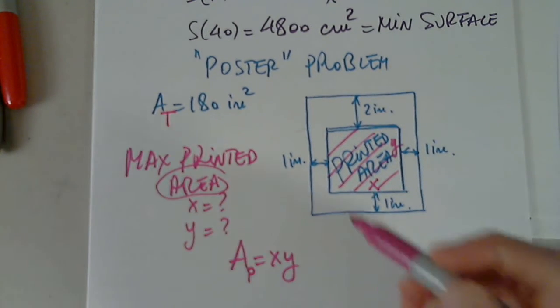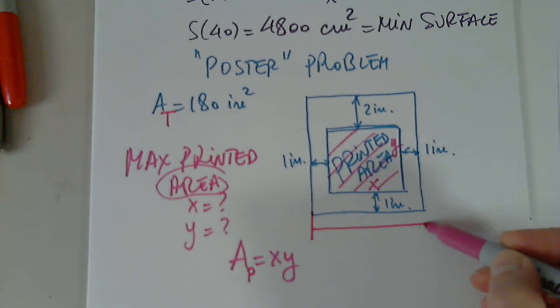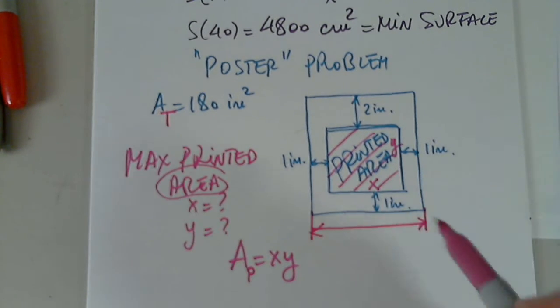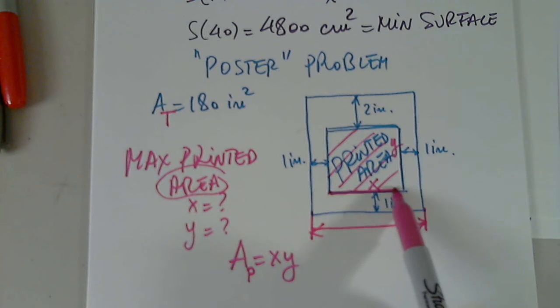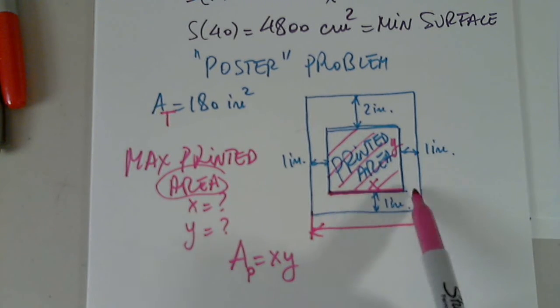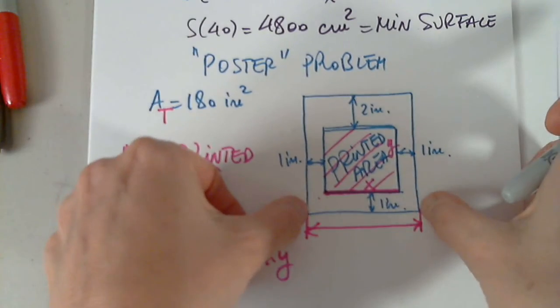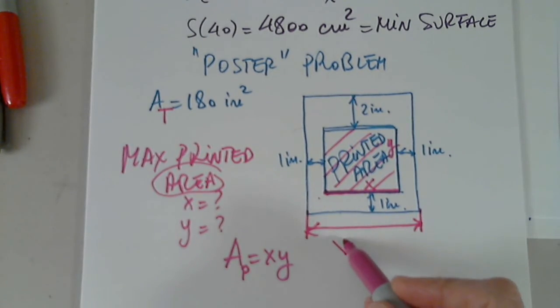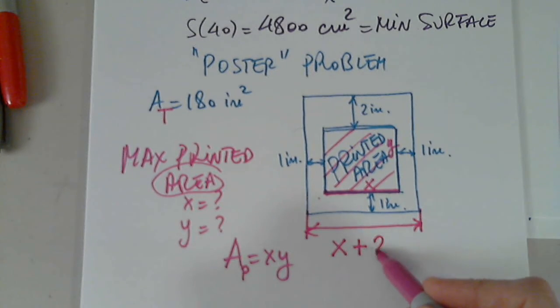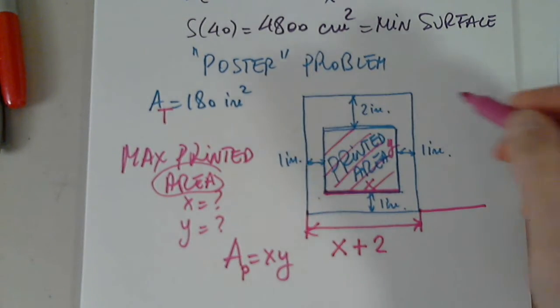Okay, so this dimension will be X, but also two pieces, left and right. So what is this measure? X plus 2. Great job, thank you. What about this?